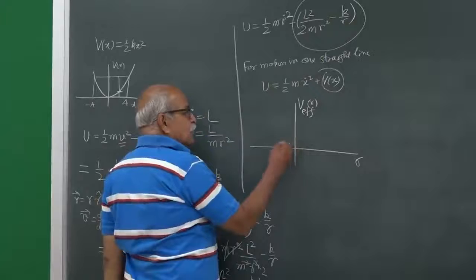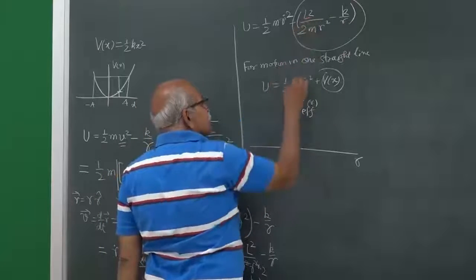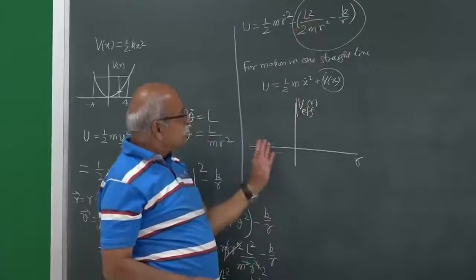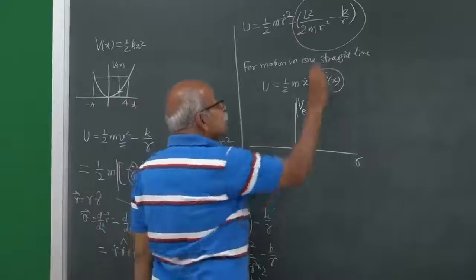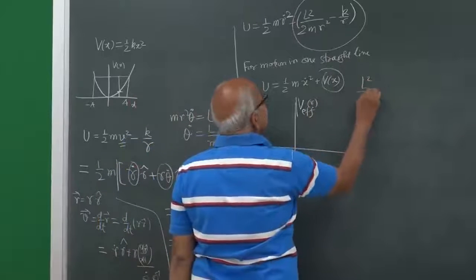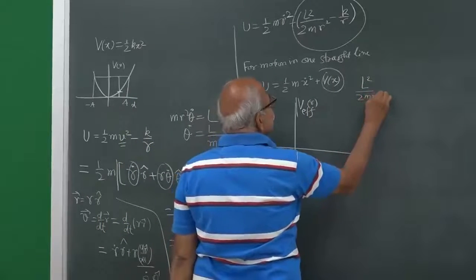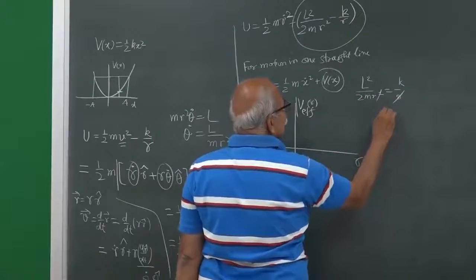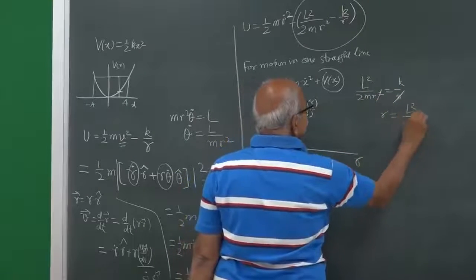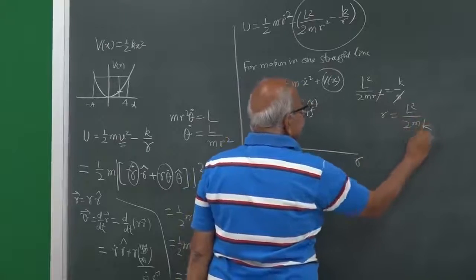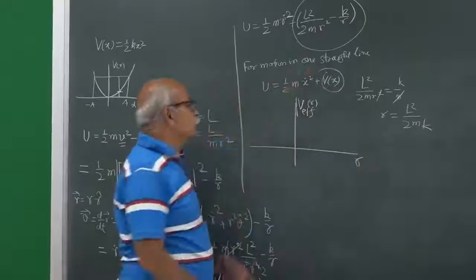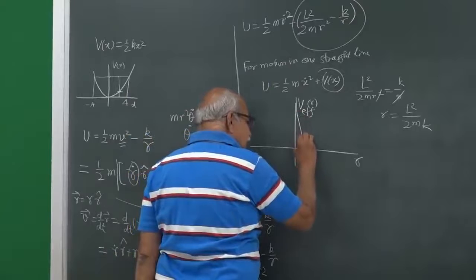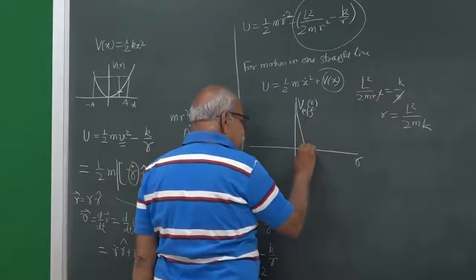So, for very small r, this value will be somewhere here, and then it will come down, and at some value, which value? L square by 2 m r square is equal to k by r. So, r is equal to L square by 2 m k. At this value, this whole quantity is 0. So, it will cross the r axis somewhere here.